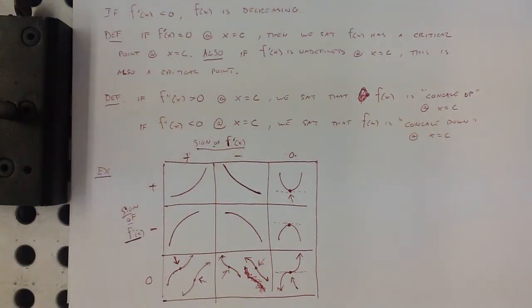So there are some examples of different types of situations, what it means for one of those things to be 0, and also what it means for them to be the different combinations of positive and negative.